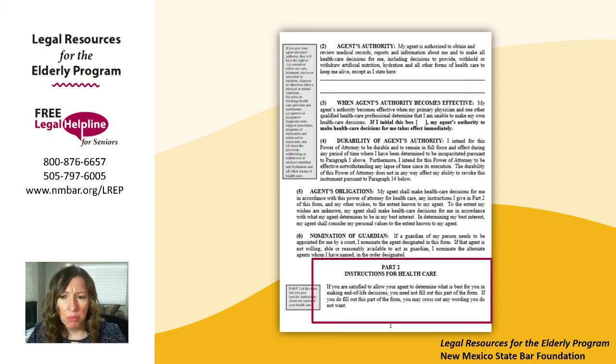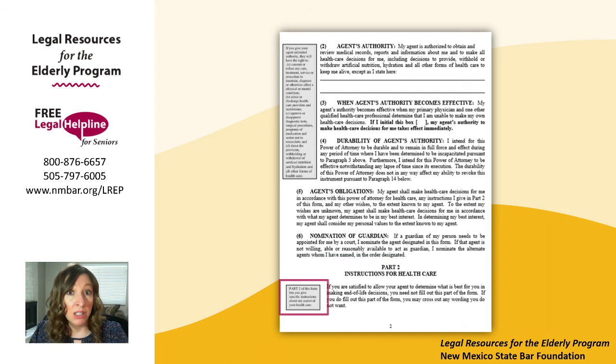Finally, at the bottom of page 2, you'll see the start of the next section, your instructions for your healthcare. And as always, the gray box has additional written instructions to guide you through the form. So let's take a closer look at the remaining sections of the healthcare power of attorney.